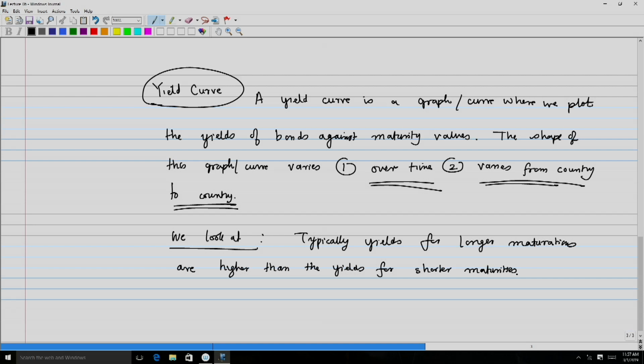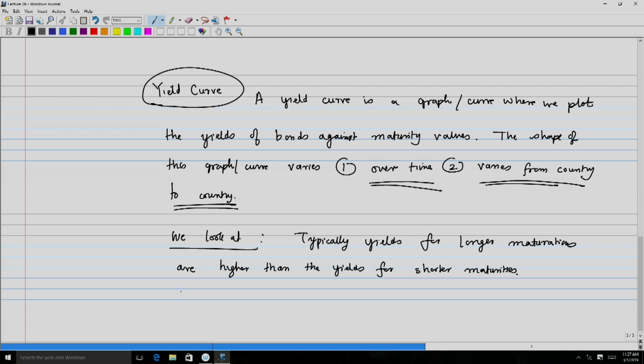This means that if you are, for example, purchasing a bond for a period of 6 months, then typically you will observe that the yield you get on that bond of 6 months is going to be lower than what you would typically get for a longer duration or maturity of say 5 years.